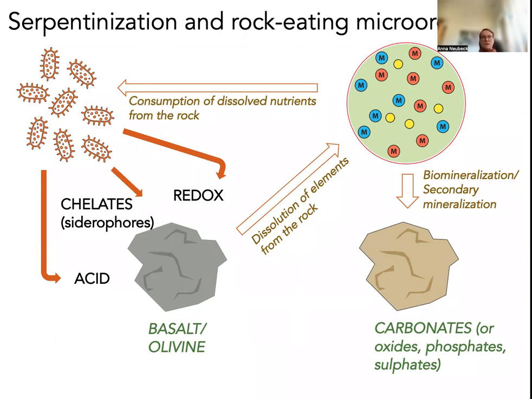And if there is an excess of nutrients that makes the fluids toxic, they can handle that by biomineralizing, for example. They can biomineralize carbonates or oxides or phosphates or sulfates. So they can create their own balanced environment by extracting the nutrients they want and biomineralizing the toxic excess metals into new minerals.